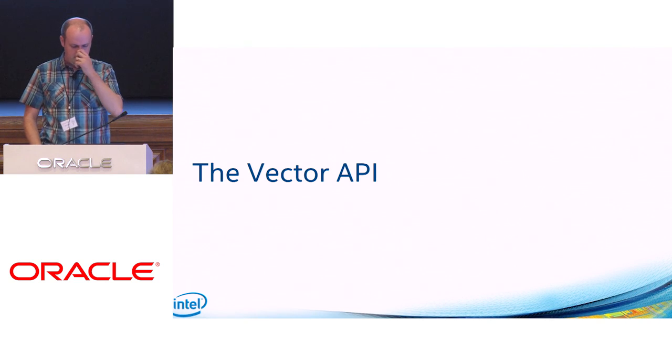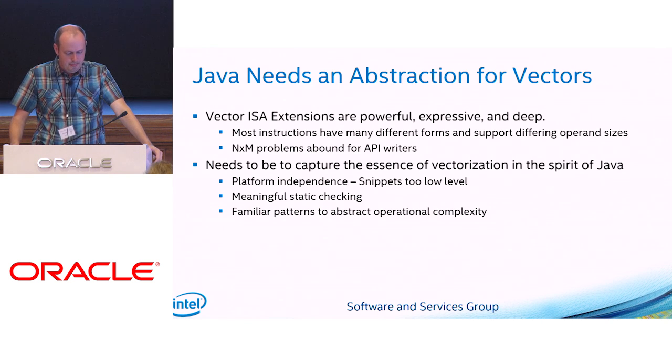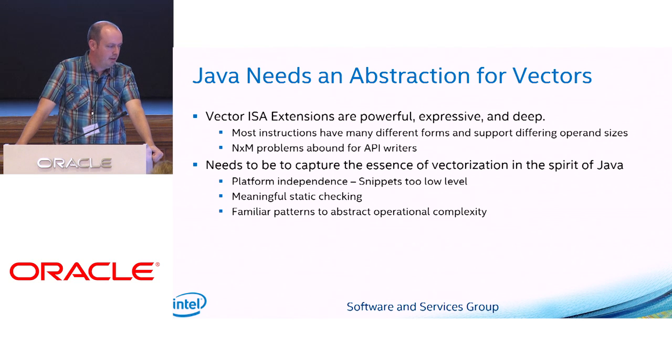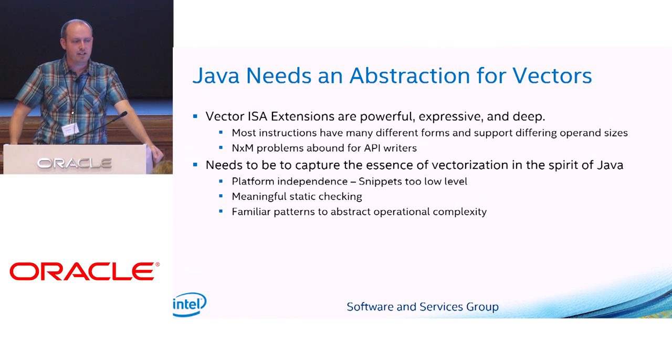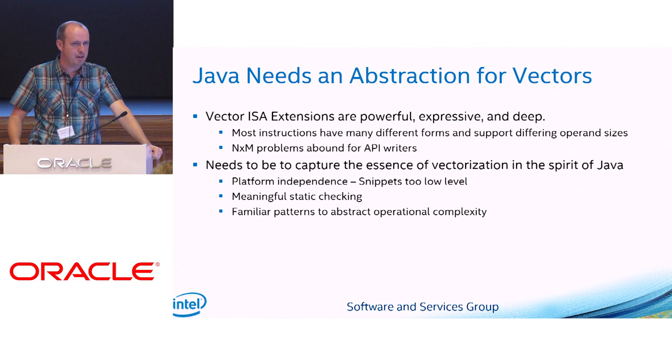So moving on to the vector API. Like I was saying, ISA extensions to support vectorization are very expressive. You'll have the same operation supporting numerous different kinds of operands, XMM, YMM, ZMM in the case of the latest AVX-512 that's coming down the pipe.